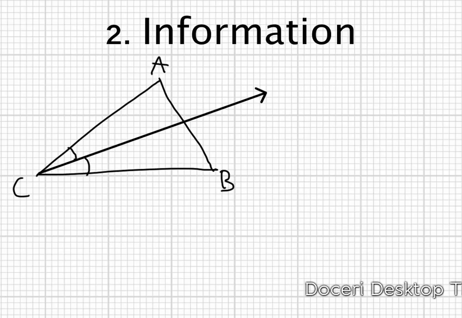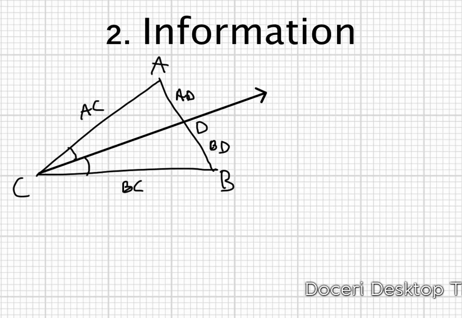Okay? If this is true, then that creates a proportion with the segments that the ray creates on AB. So here I have AC, here I have AD, I have BD here, and BC here.